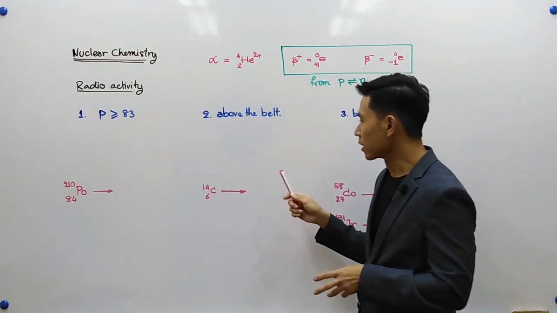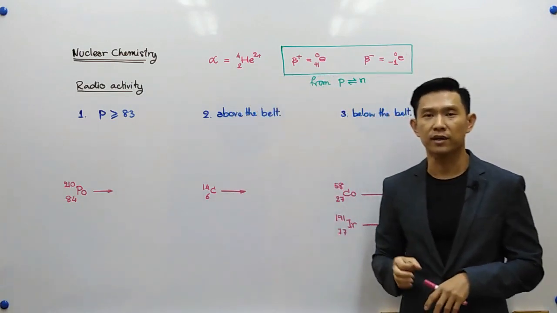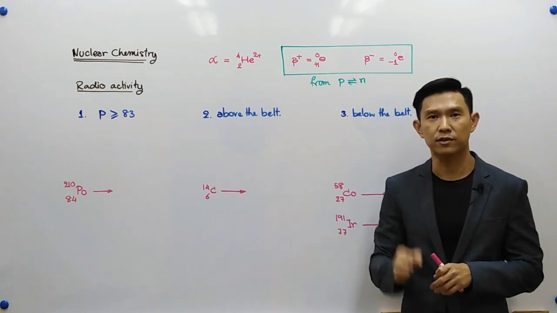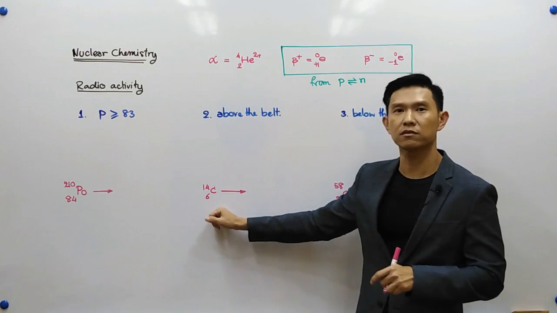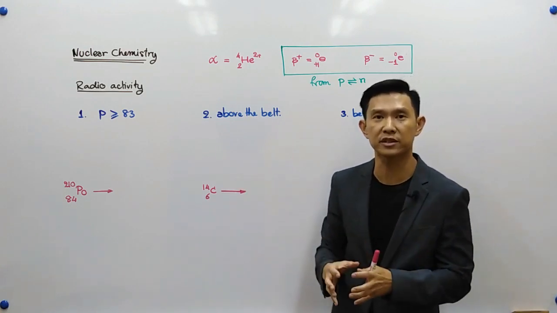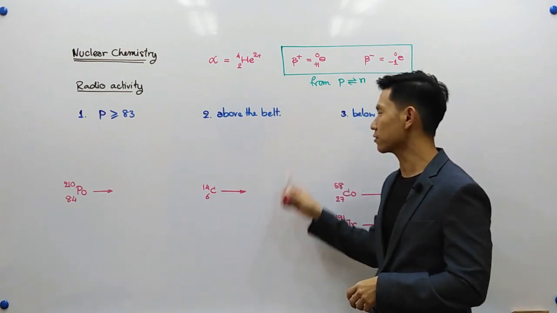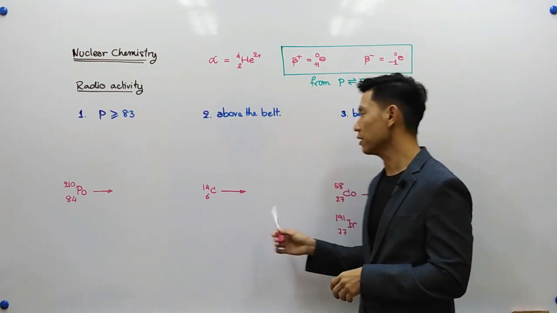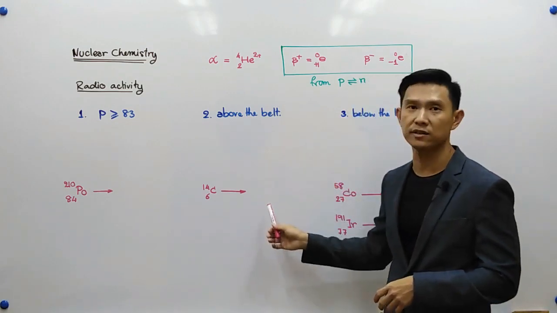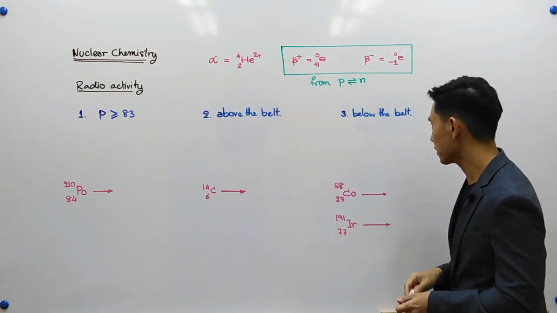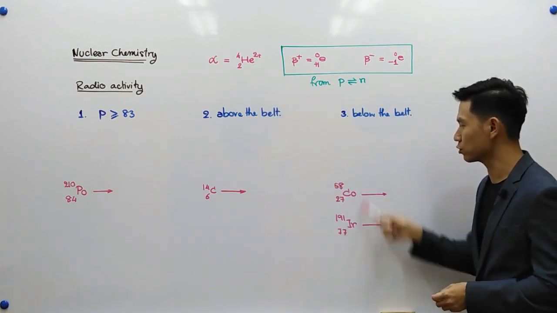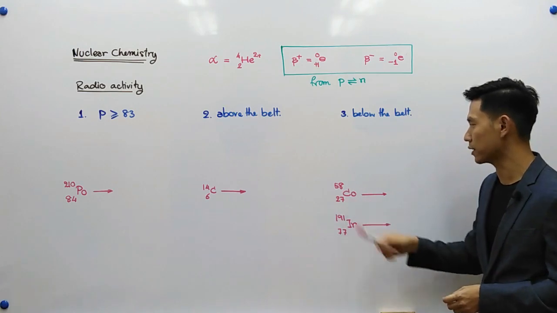And then carbon-14. Do you know that the stable isotopes of carbon are carbon-12 and carbon-13? So if this is not stable, it must be unstable for some reason, right? How can you stabilize it, by which kind of radiation? And the last question is these two elements: cobalt, isotope 58.